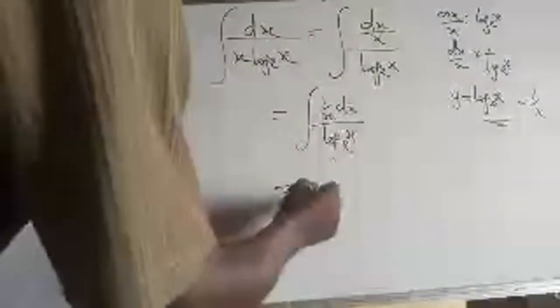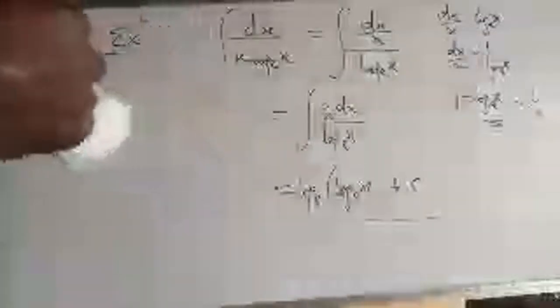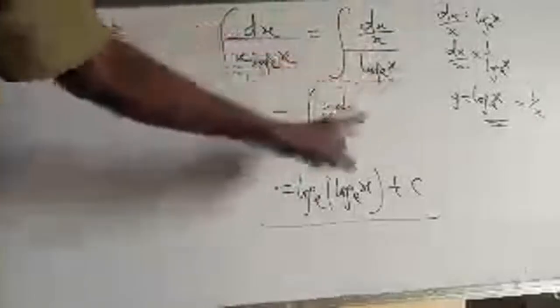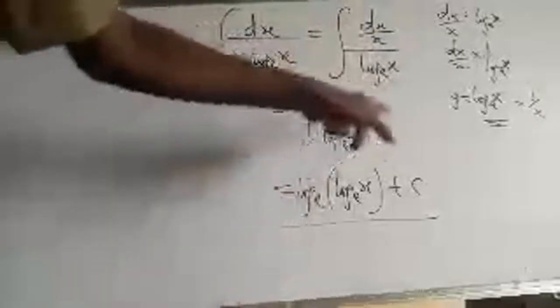And so what were we saying? So the answer would have what? Ln of the log of log x base e again, plus c. Oh, no, don't be confused. Now, dx over x can be written as 1 over x dx, all over log x base e. So if you differentiate log x base e, remember in differentiation, you have 1 over x.